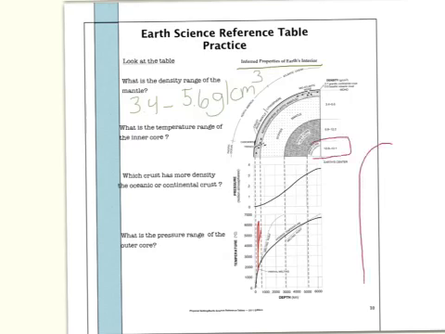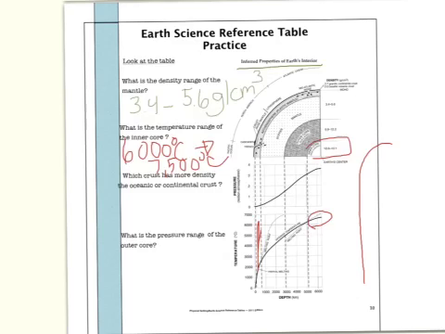So you're reading downward. The temperature is indicated right here. And the temperature for the inner core is between 6,000 degrees Celsius to about 7,500 degrees Celsius. It's a good estimate.